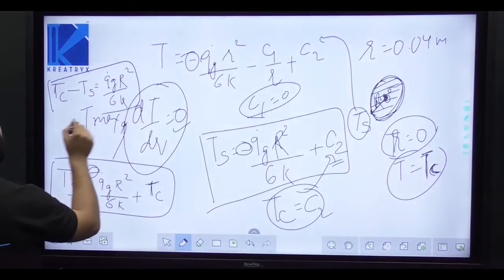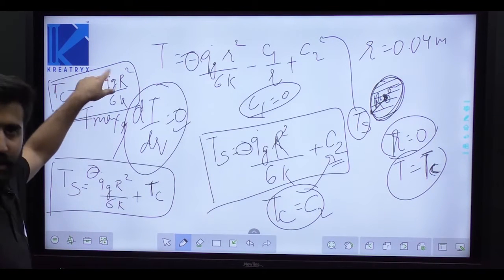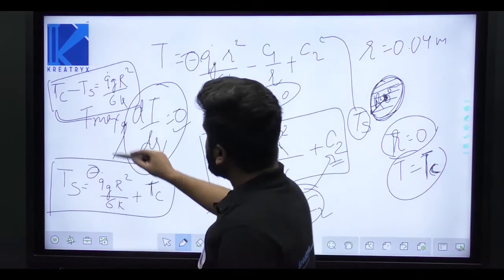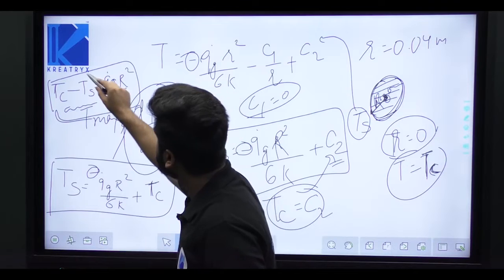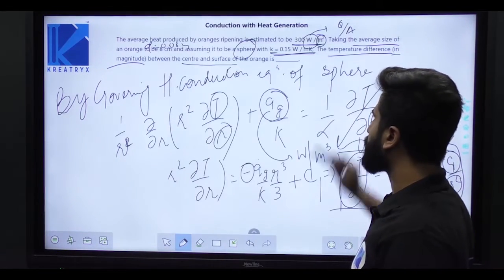Learn this result: Tc minus Ts is equal to Q dot G R square by 6K. And this is what we have to find in this question.